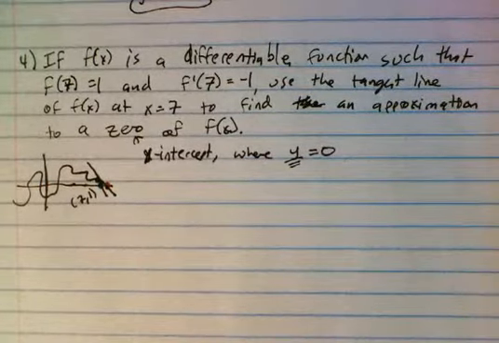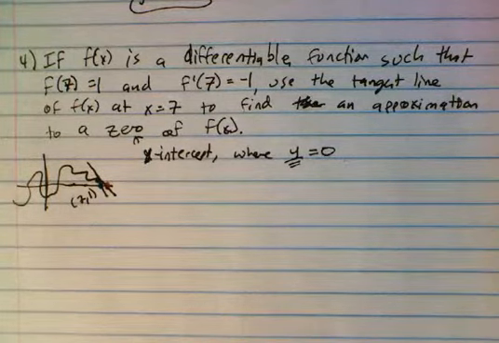So what we're going to do is we're going to start off by finding the equation of the tangent line, and we're going to figure out when y equals 0, what's the value of x on the tangent line.